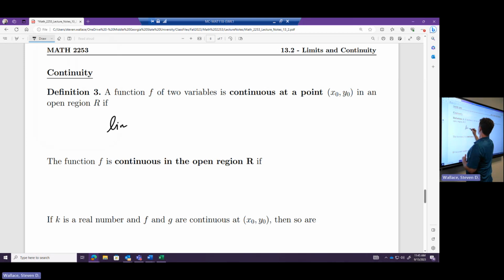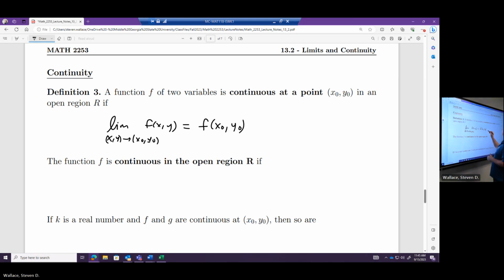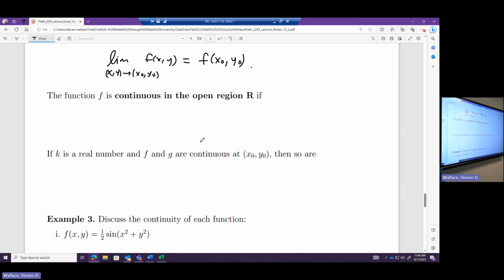So the limit as (x, y) approaches (x0, y0) of f(x, y) will be equal to what you get when you plug the number in. So clearly the function has to be defined at that point. But not only that, the limit has to be there. You can't have the function value be different than the limit. That means it's continuous.